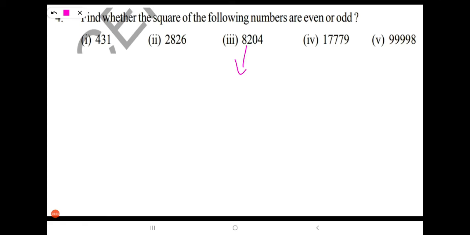8204. You need to take the units place digit, that is 4, and multiply with 4 again. You will get 16. So what is the units place? That is 6, and 6 is an even number.